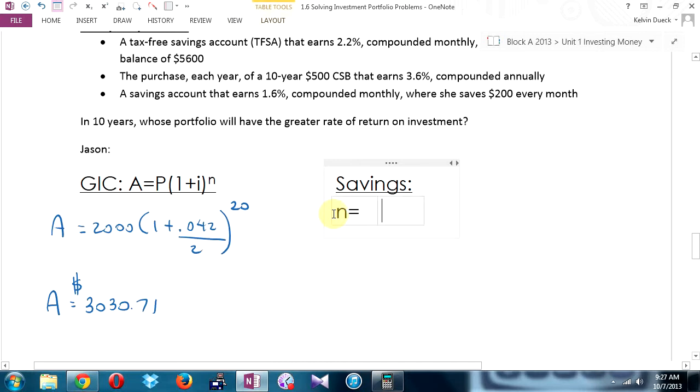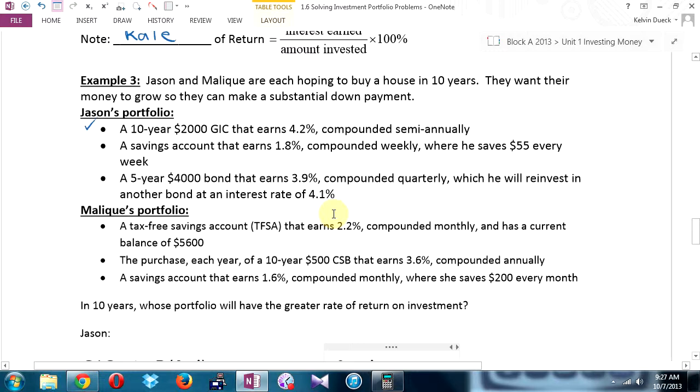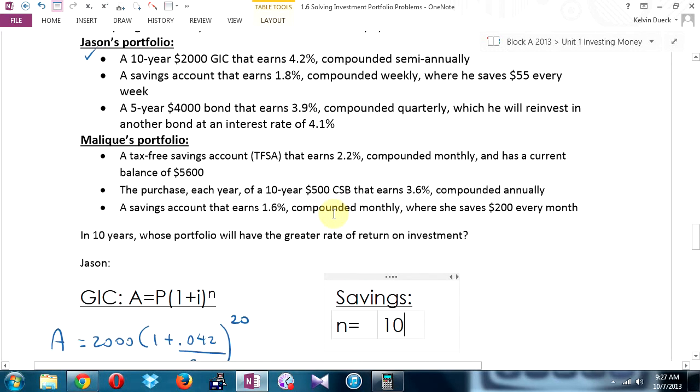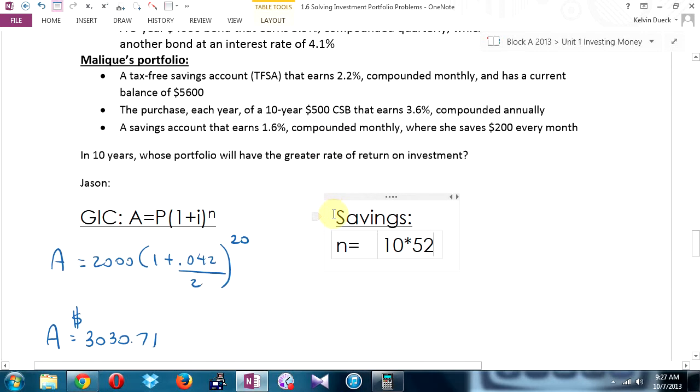N equals, how many years? 10 years compounded weekly, so it's going to be 10 times 52. 520 is what I'll put there. I percent equals, not a big percentage, what was the percentage? 1.8.